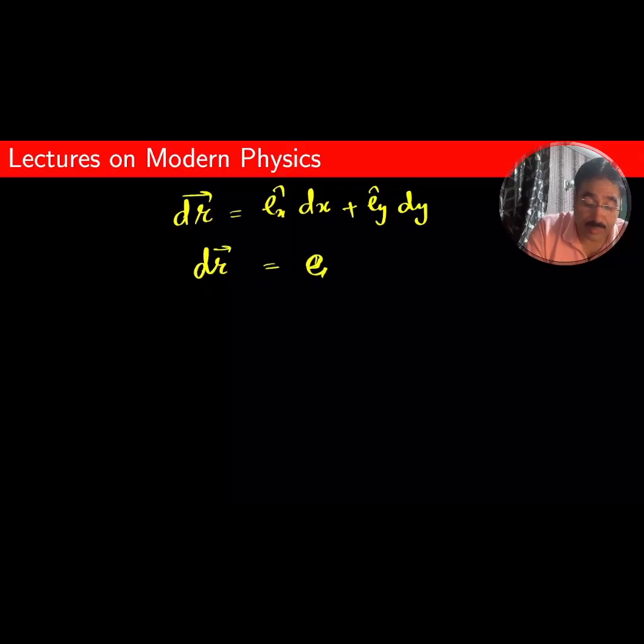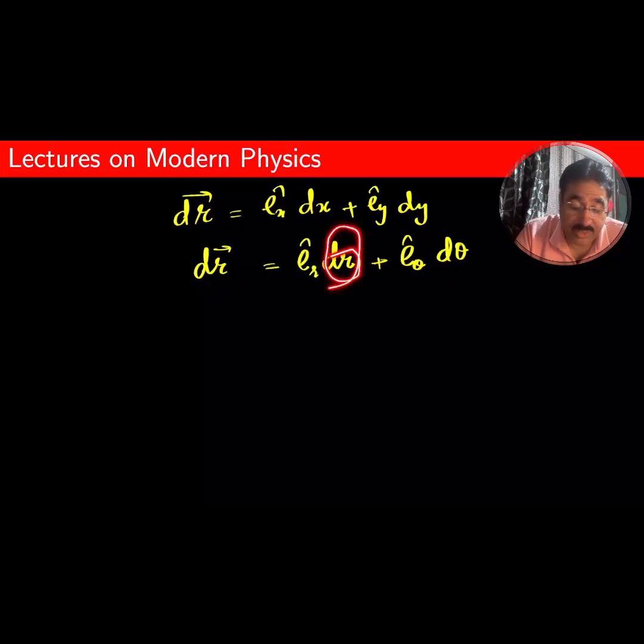It would be ER dr, and we expect E theta d theta, but something is missing here. This is a length element. Unit vectors don't have dimensions, but dr has dimensions of length. It's a vector because you are multiplying with a unit vector. But d theta is dimensionless, so I can't add this quantity to the length. So something is missing here.